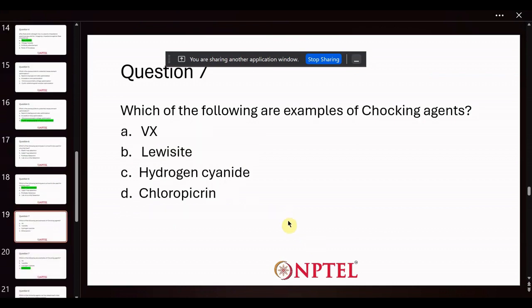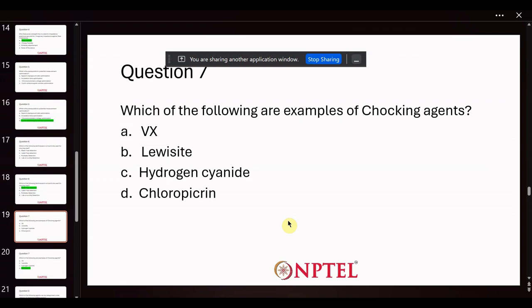So this is a fundamental question, and there is nothing to explain in this. Which of the following are examples of the choking agents? From the word itself you can understand that this leads to choking in the person. It is used again in chemical warfare. So whether it is VX, Lewisite, hydrogen cyanide, chloropicrin.